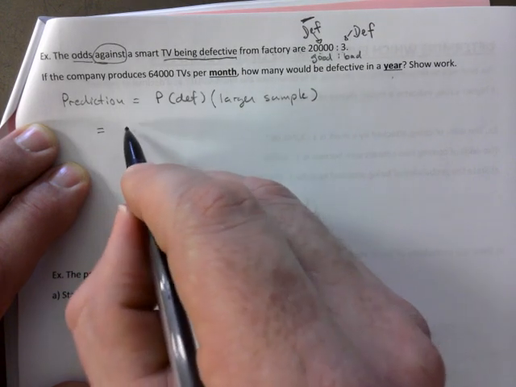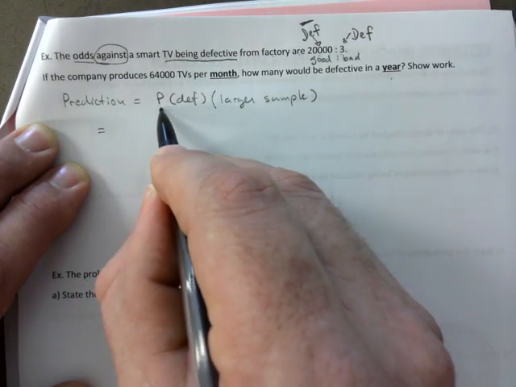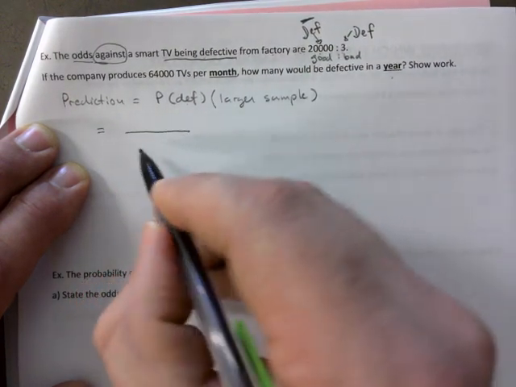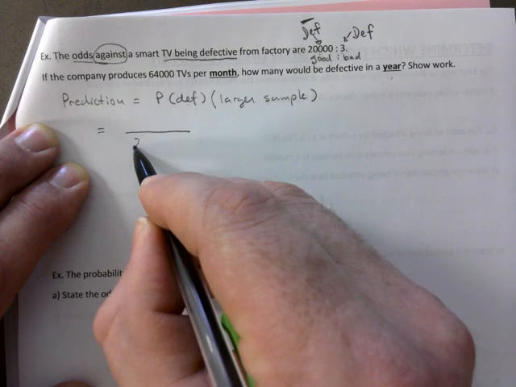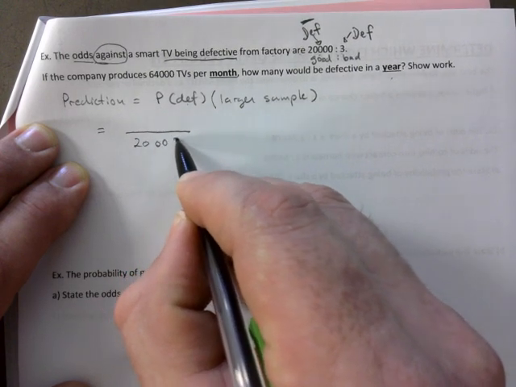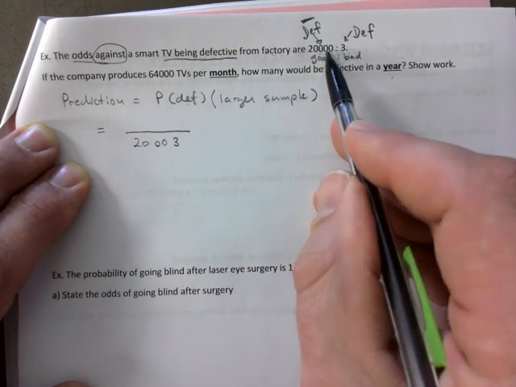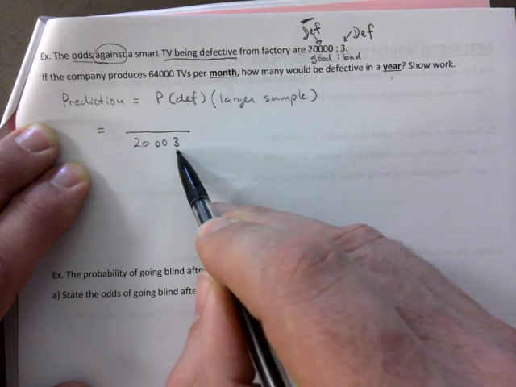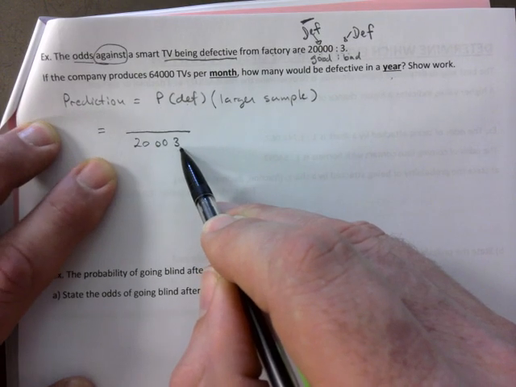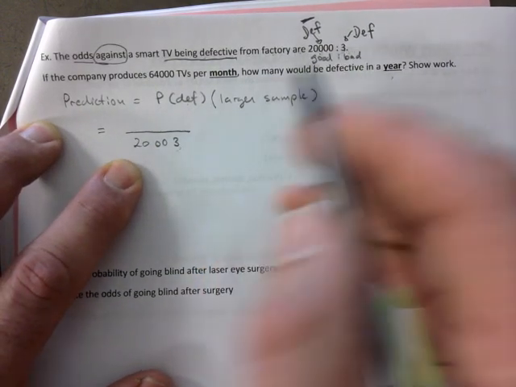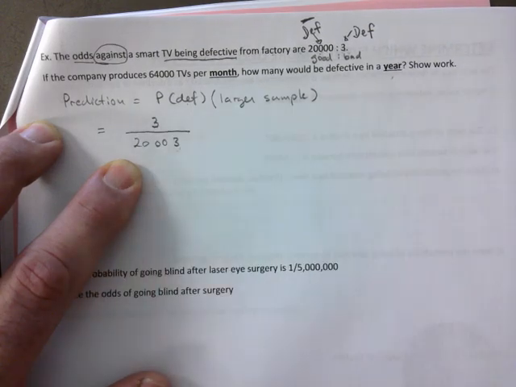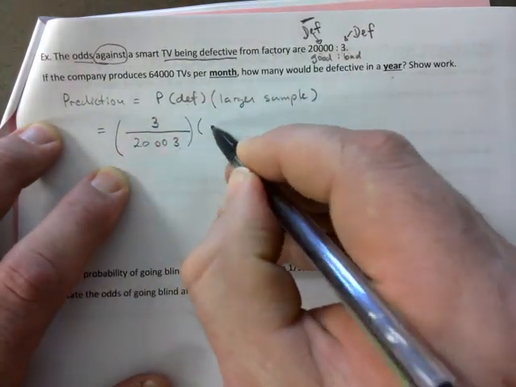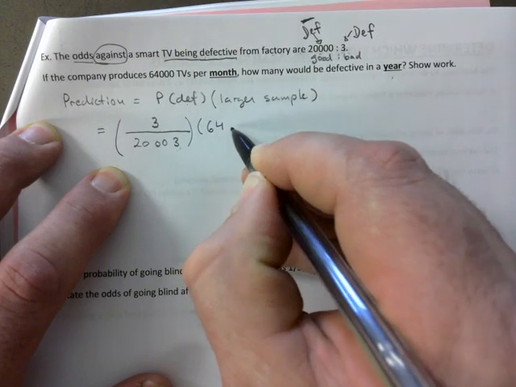So for the probability of defective, if I wanted to come up with the probability of something being defective, I'm going to add these two numbers because I remember odds to probability. I want that to be out of 20,003. And I'm going to grab the 3, right? Because I'm interested in the probability of a TV being broken. So I'm going to take that and multiply that by 64,000.